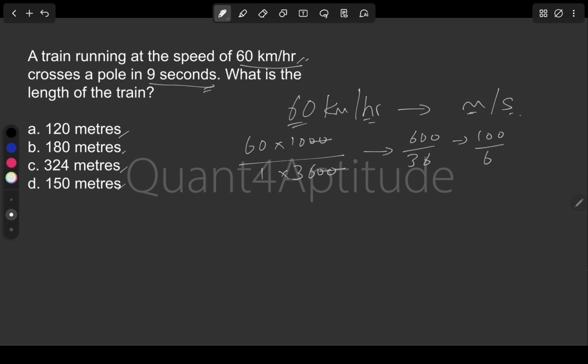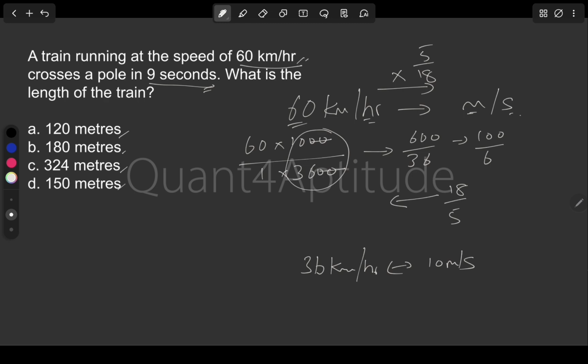Now, as we proceed, sometimes people remember factors. For kilometers per hour to meters per second, we have to multiply by 5 by 18. That is nothing but this. So if you remember that, you don't have to do this every time. When you go in the reverse direction, when you have to convert from meters per second to kilometers per hour, it's nothing but 18 by 5. What I tend to do is, I know that 36 kilometers per hour is 10 meters per second.